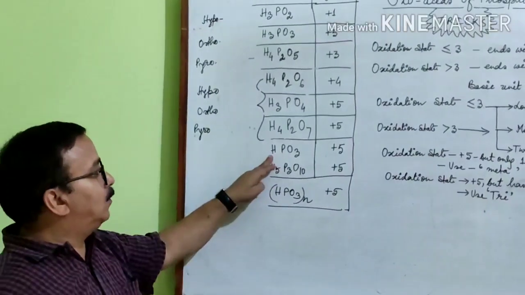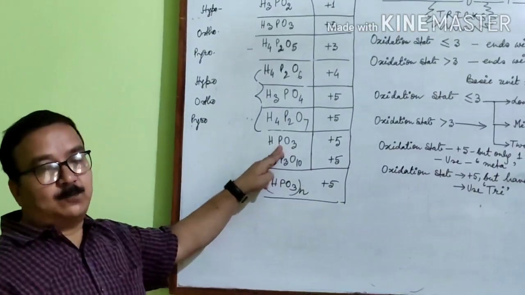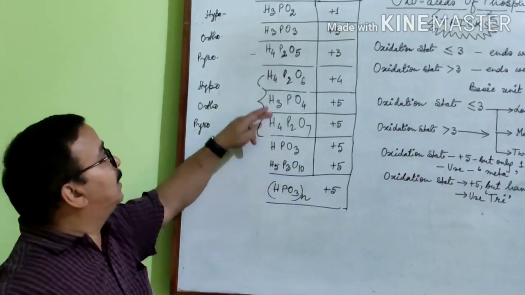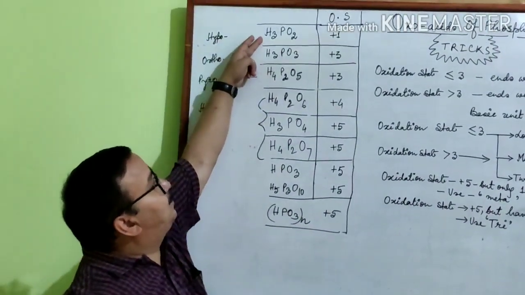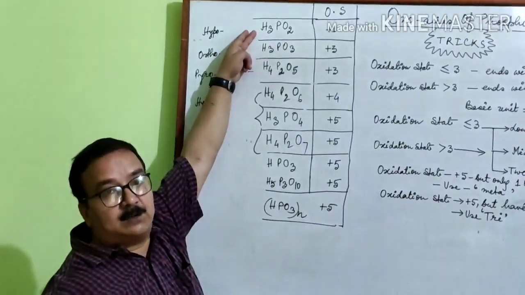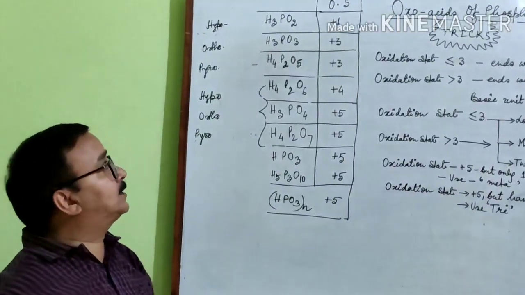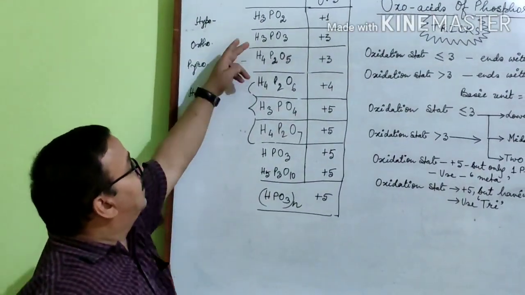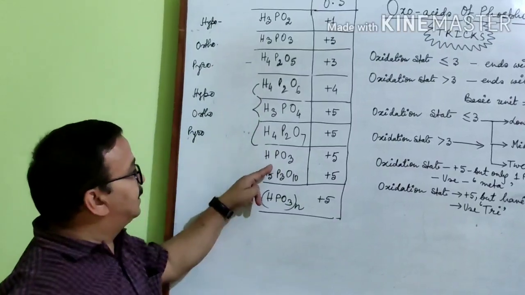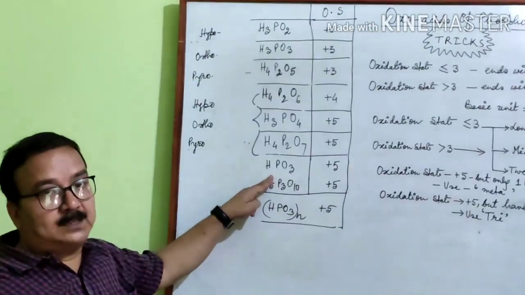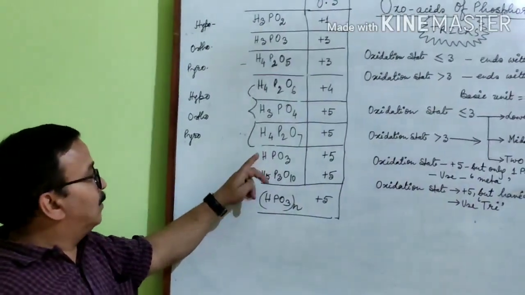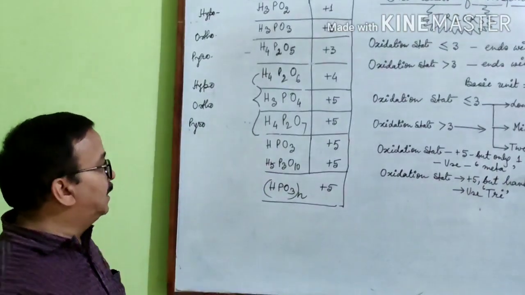HPO3, here oxidation state of phosphorus is +5. In the first case H3PO2, oxidation state of phosphorus was +1. Here in this case it is +5, more than 3.